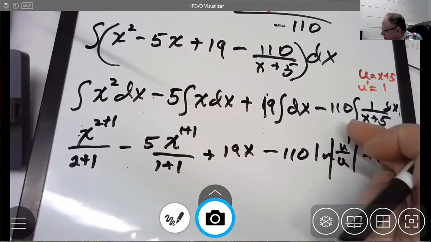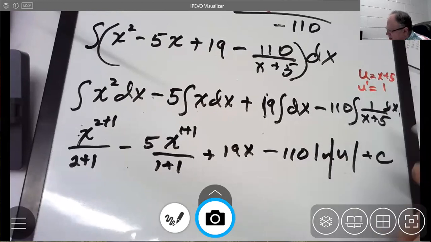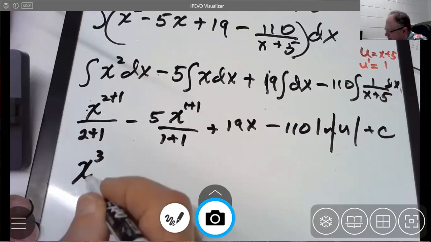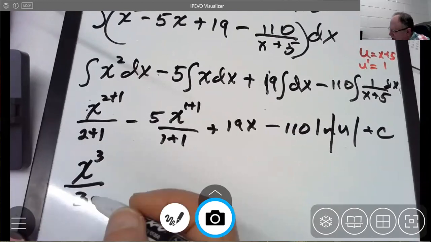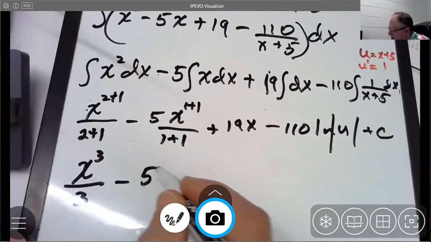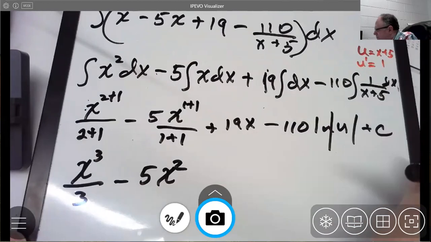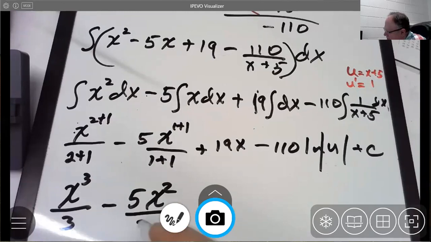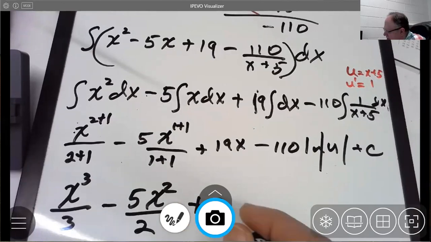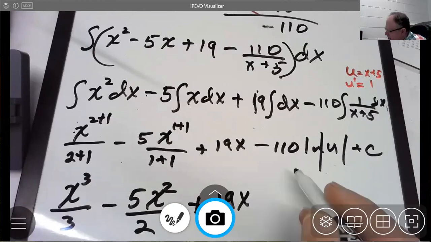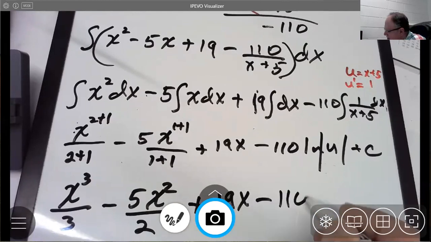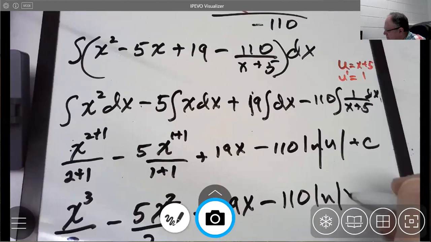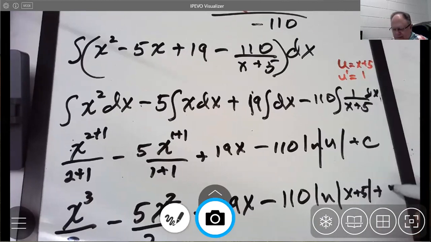Now that's just going to be natural log u. Okay, so this will be x to the third over 3 minus 5x squared over 2 plus 19x minus 110 natural log, and we said u is x plus 5, plus c.